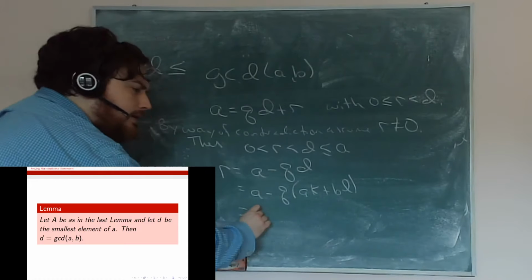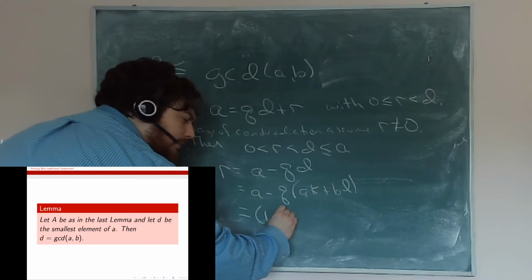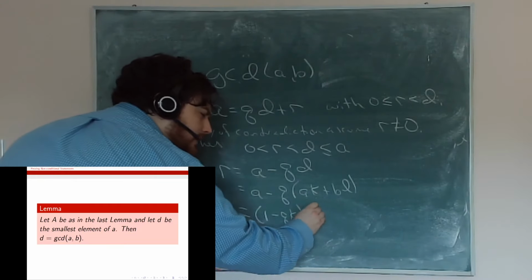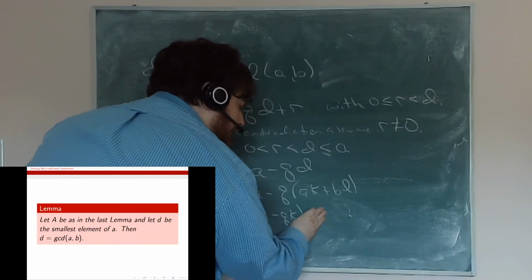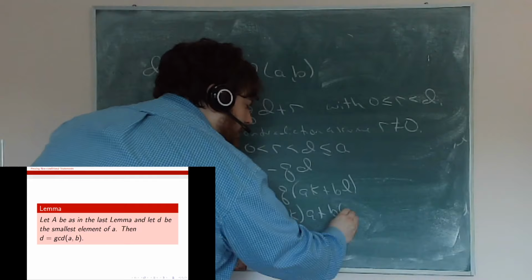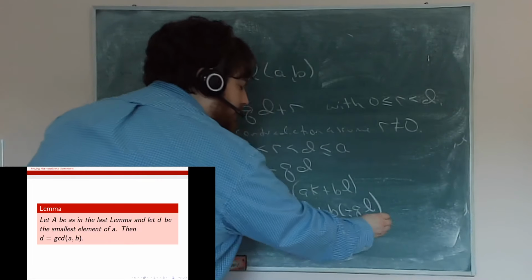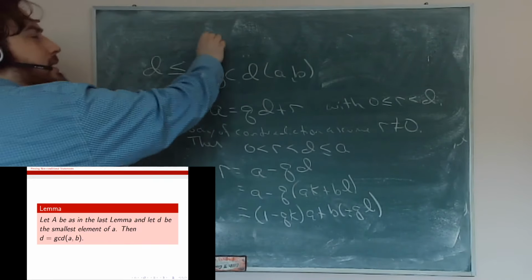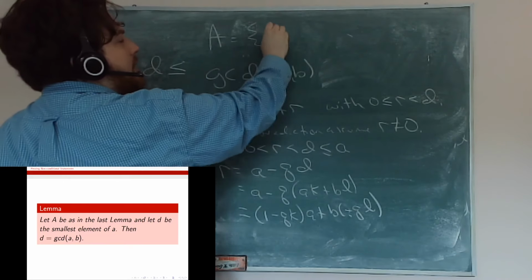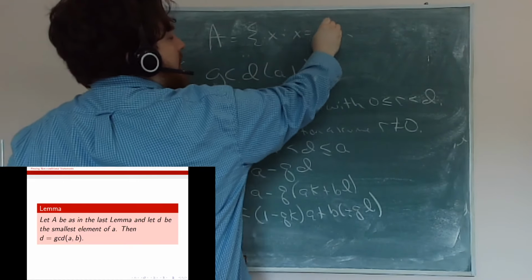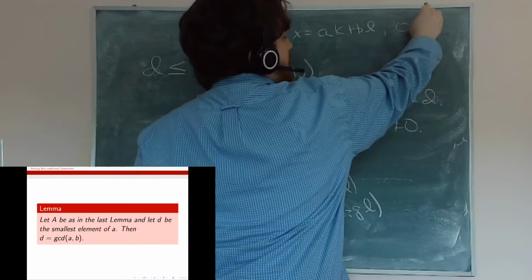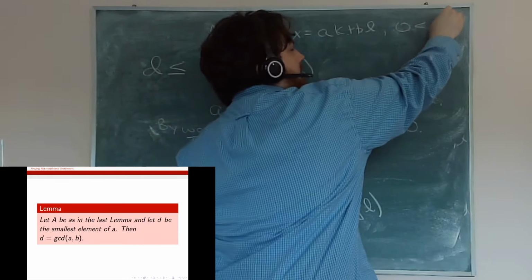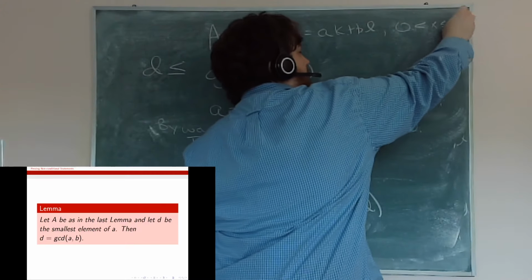And so if I rewrite that, I get (1 minus Q times K) times A plus B times (negative Q times L). And just to remind us, A was the set of all x such that x looked like AK plus BL, and 0 was less than x is less than or equal to A.